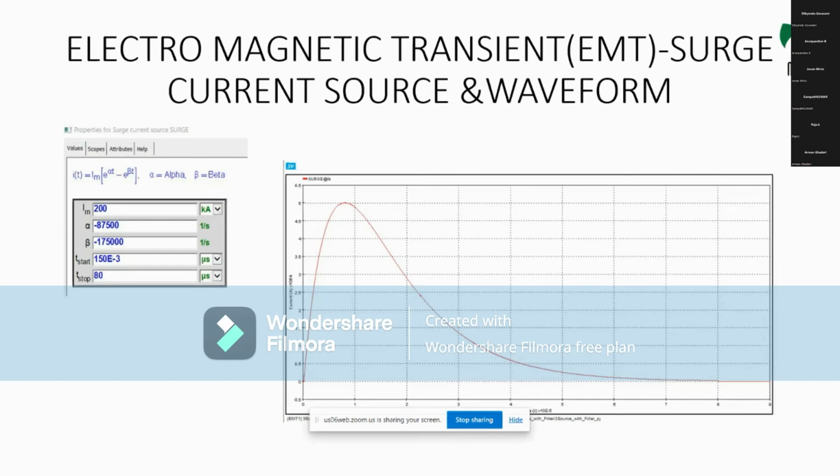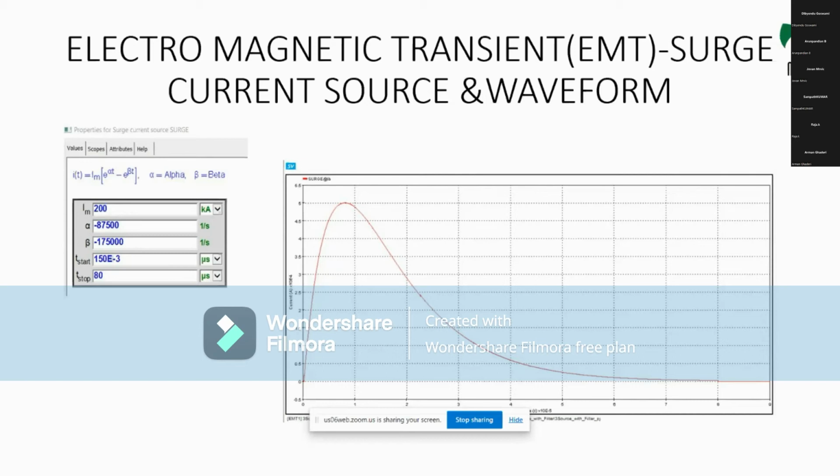The same kind of double exponential we can also use here. However, you have to be more aware of the parameters alpha and beta. Here we have taken the maximum peak value of the current as 200, that is the backflash current, 200 kiloamperes maximum worst case. And the duration is approximately 80 nanoseconds, microseconds, sorry.